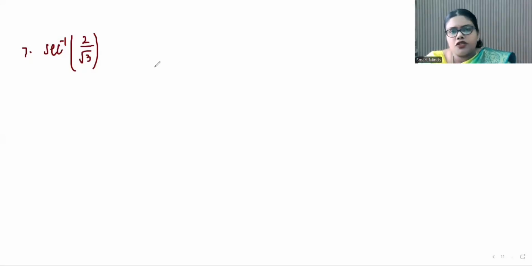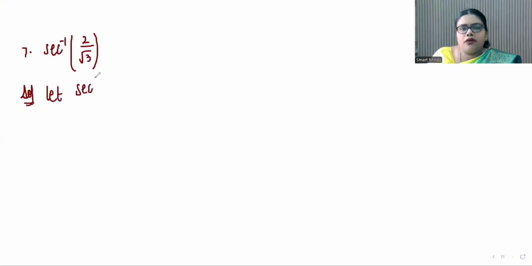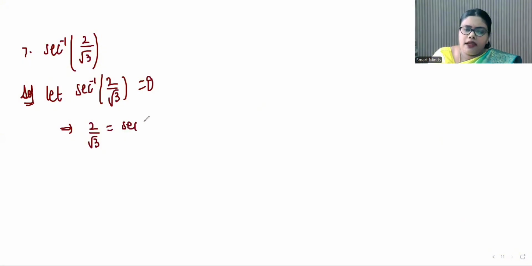Take the next question, secant inverse of 2 by root 3. So let's say secant inverse of 2 by root 3 equals theta. So we can write 2 by root 3 as secant theta. Now 2 by root 3 can be written as secant pi by 6, that is secant 30, which is equal to secant theta.